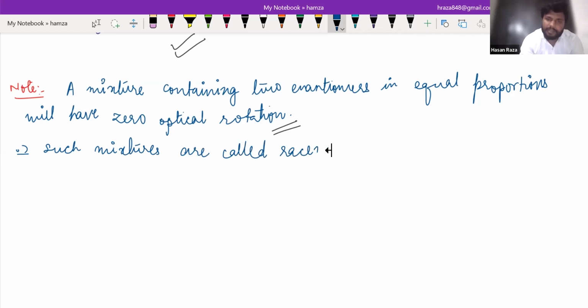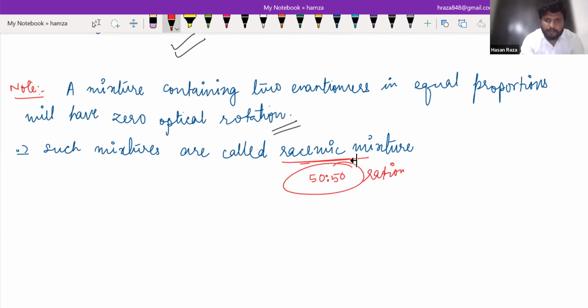When these enantiomers mix in a 50:50 ratio, then a racemic mixture forms. And what is a racemic mixture? A mixture of compounds which has zero optical rotation, and the process is known as racemization.